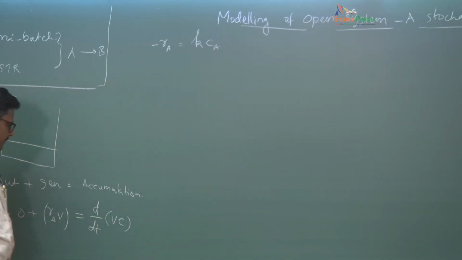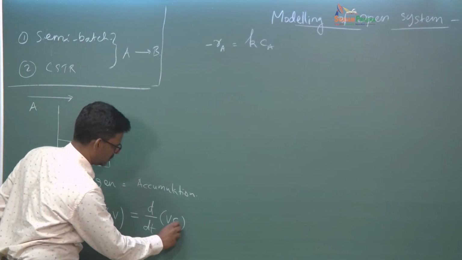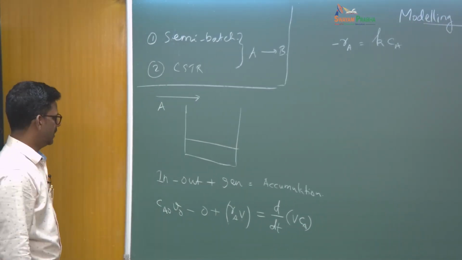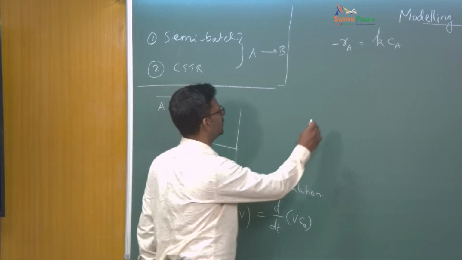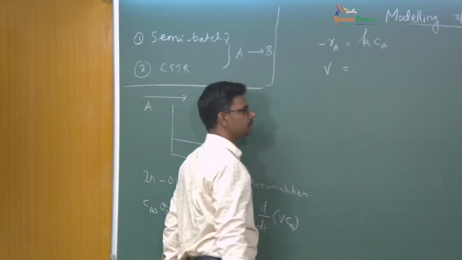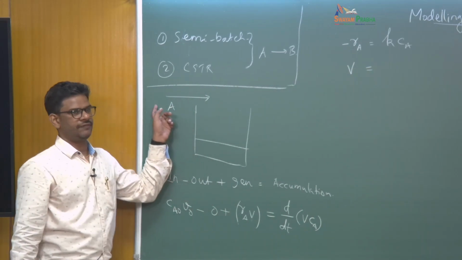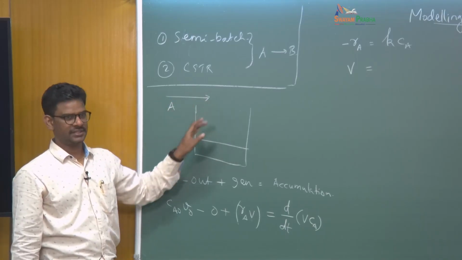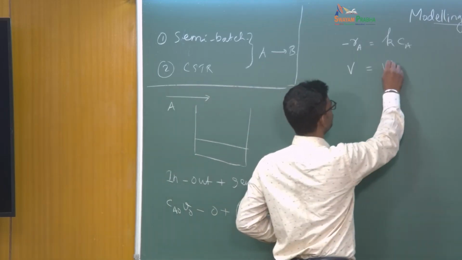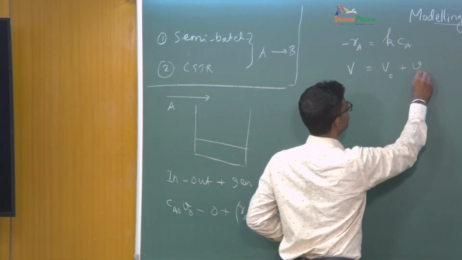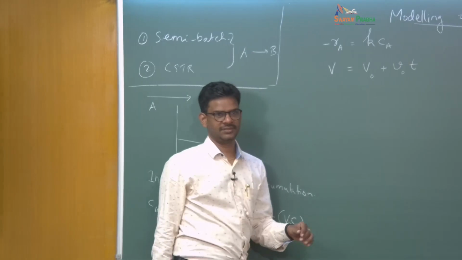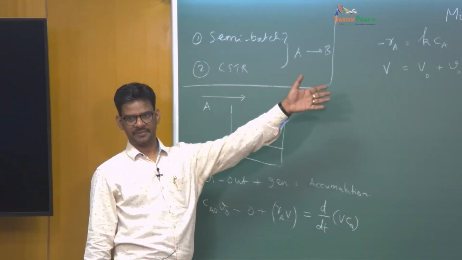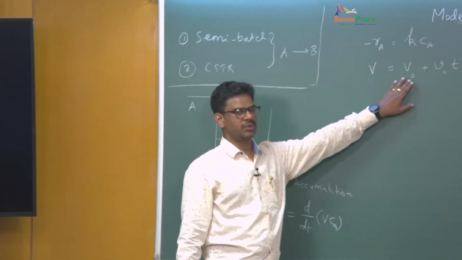This is first order irreversible rate kinetics, and then we also want V. If the incoming volumetric flow rate is steady, constant, then we can write V is equal to some initial volume plus V naught times t. So the volume of the reacting mixture is going to increase linearly with respect to time. This initial volume may be 0 or some finite value.